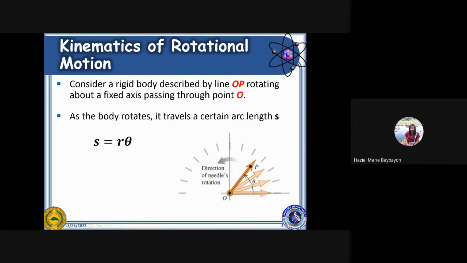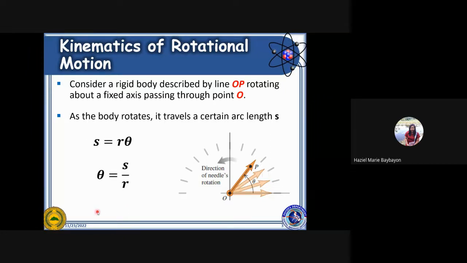So this is your theta. Okay, if you multiply r and theta, you will get the arc length. So unsa ganito ang arc length? Ang arc length kay kini siya no, the length nga na-travel sa imo ang rigid body.